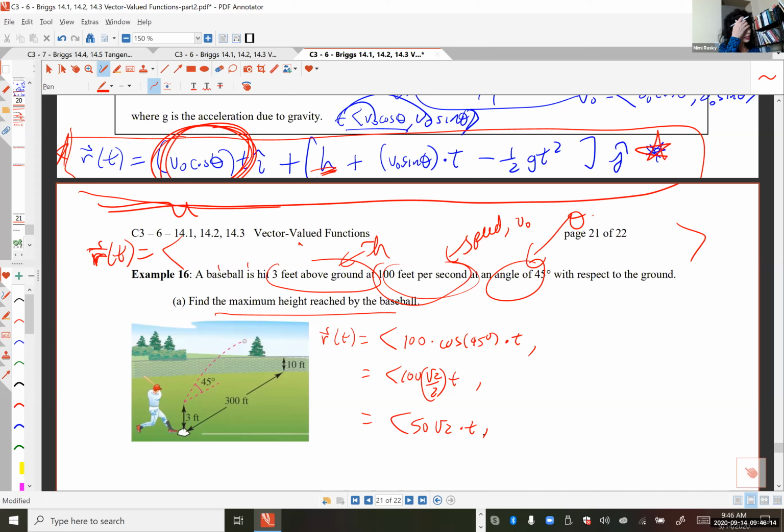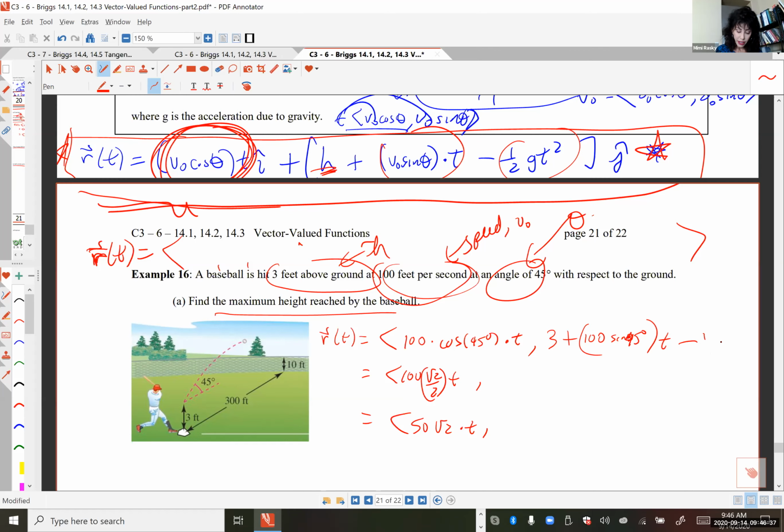Fine. Now you're going to try to get the j hat component. You're going to have height, that's h, plus the second term here, 100 times sine of 45 degrees, whatever that number is, times t, minus, and now the last term in the j hat is minus 1/2 g t squared.